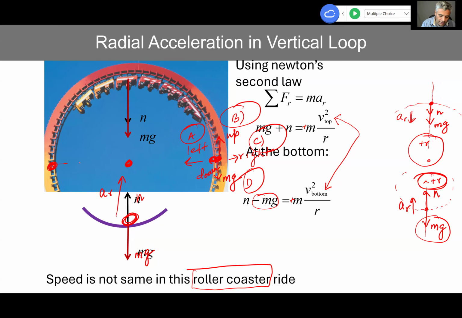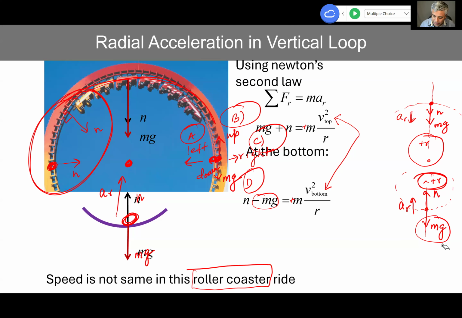If it was there, the normal force would be in this direction. If it was there, the normal force would be in that direction, normal to the track, okay? I think when I talked about normal force, there was an example to see how the normal force acts on an object when it is going in something like that. I think there was a picture as well, very similar, okay?